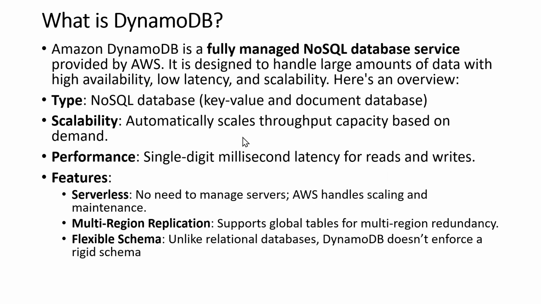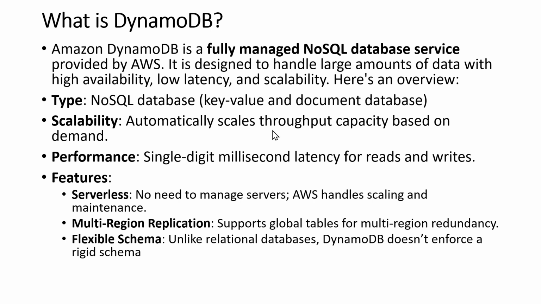Okay, and here we have some features. It's a kind of NoSQL database. Here it's something related to key-value. Key is nothing but the variable name, like name or employee ID, and the value is what we provide as input, and it is also a document database. Okay, next is scalability.